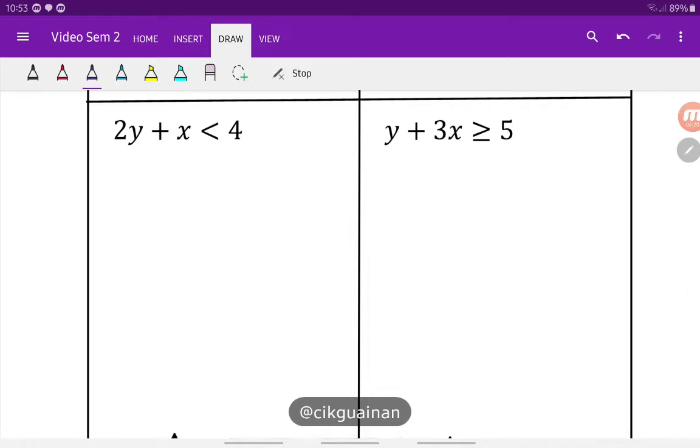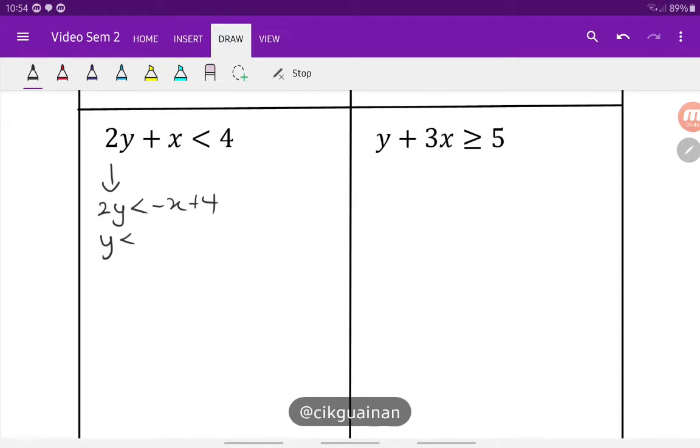Now next we have 2y plus x less than 4. To make it more convenient, we change it. 2y equals minus x plus 4. Did I make a mistake? Oh wait, I paused the video for a while to check something first. Okay, so y equals minus x over 2 plus 2.